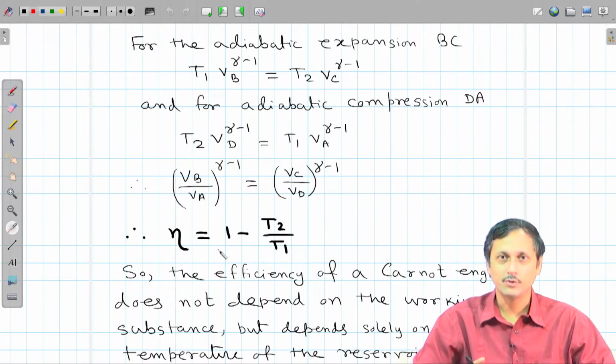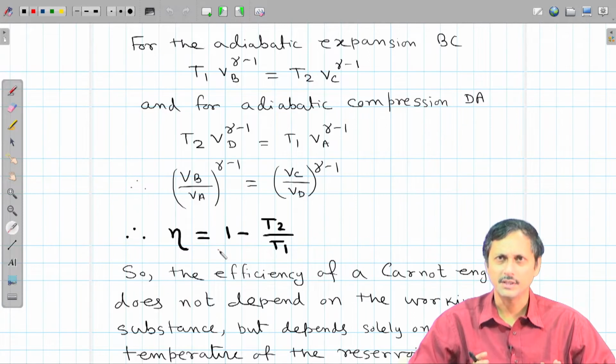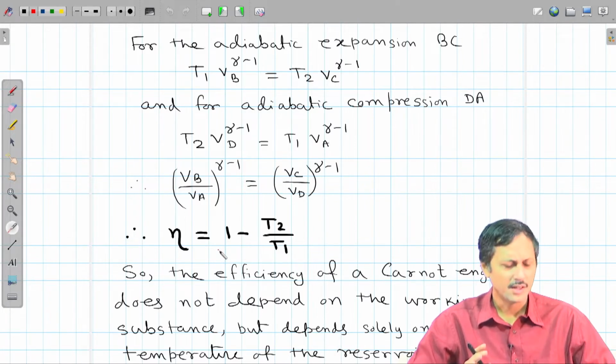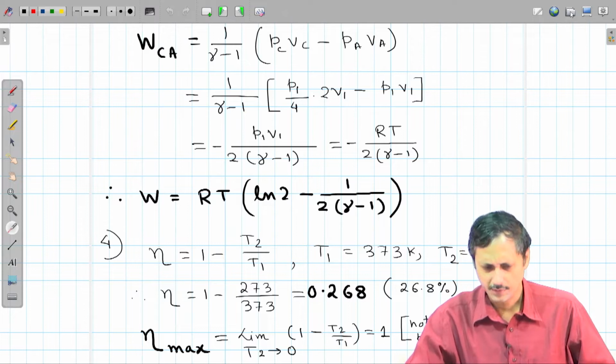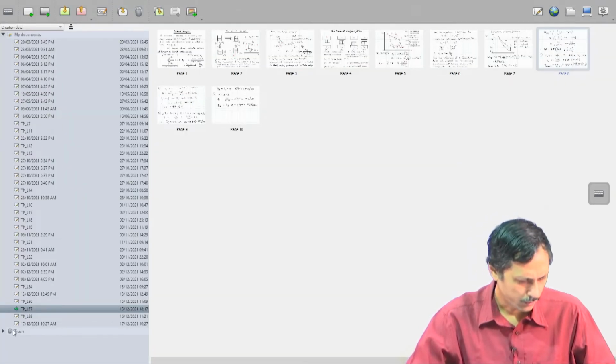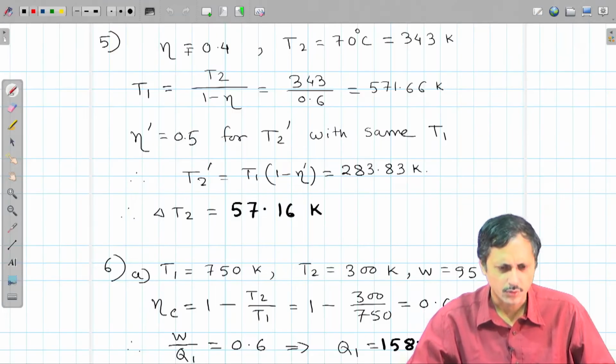So, either we have to have infinite temperature of the source or 0 temperature of the sink. Both of these are not possible theoretically.